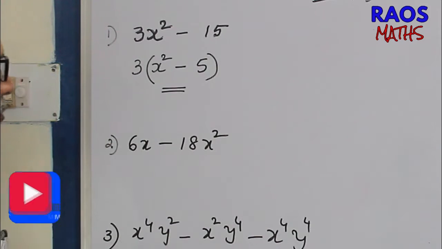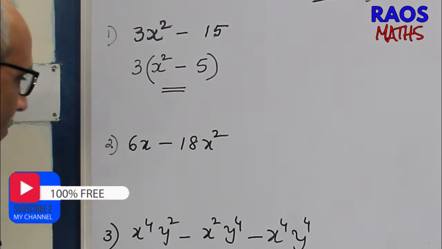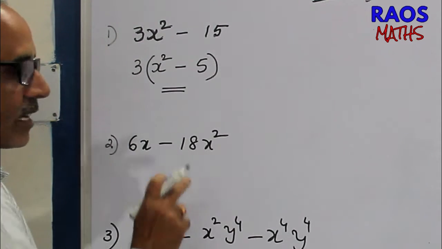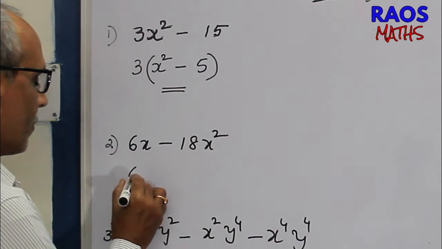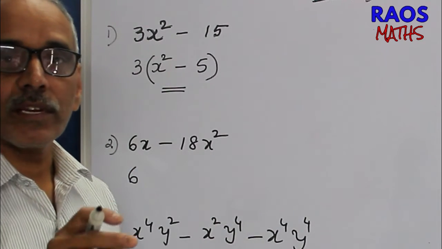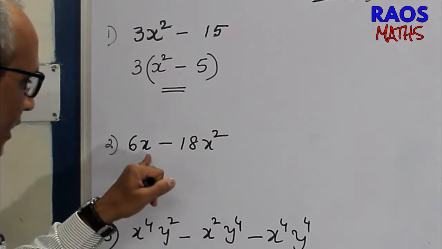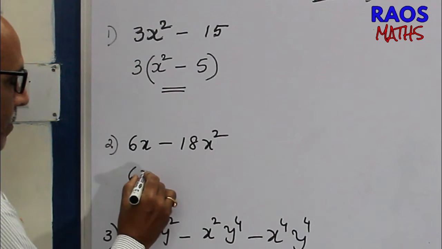Second, this is simple. For 6x and 18x square, for the numerical coefficients 6 and 18, 6 is the common factor. For the variables, I said the least power of the variable is the HCF. The least power of the variable x is 1. So x is the common factor.